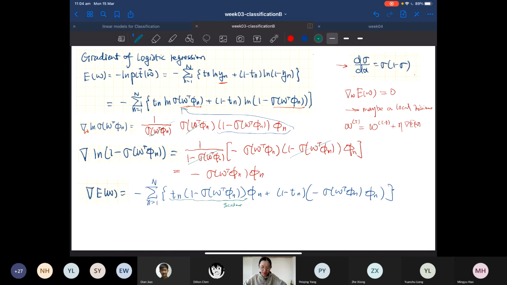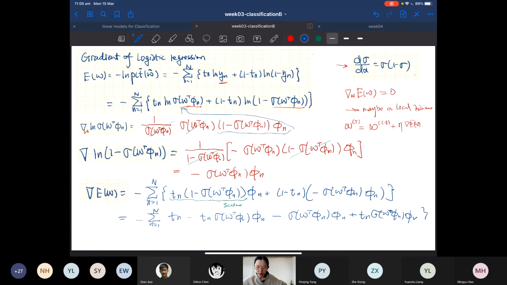We just expand it and then stare at it again. Tn minus Tn sigma W transpose phi n, plus, minus here, minus 1, the term sigma W transpose phi n, and then plus Tn sigma W transpose phi n times phi n.